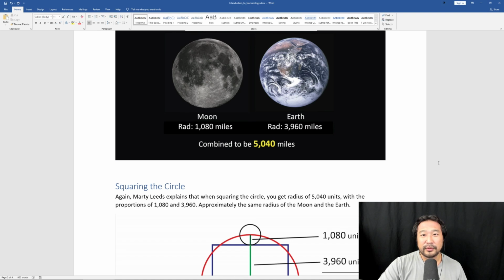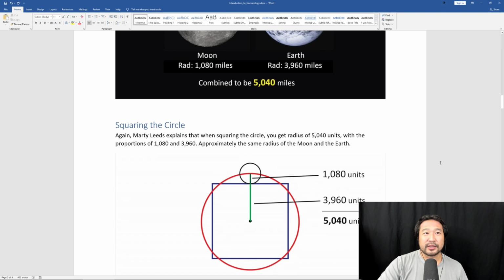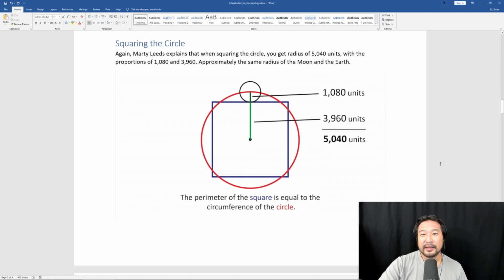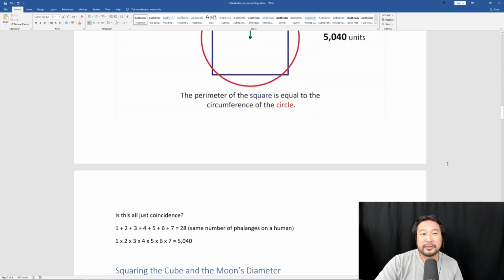Now, if you square the circle, he explains that when you do this, you get the radius of 5,040 units with the proportions of 1080 and 3960. It's approximately the same radius of the Moon and the Earth. Coincidence? Or is it planned?